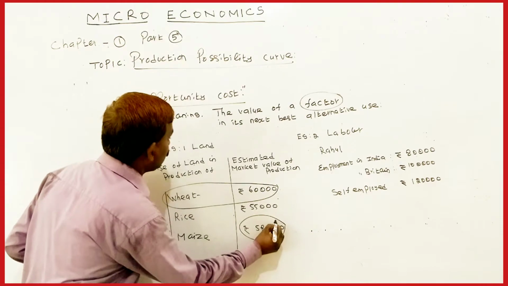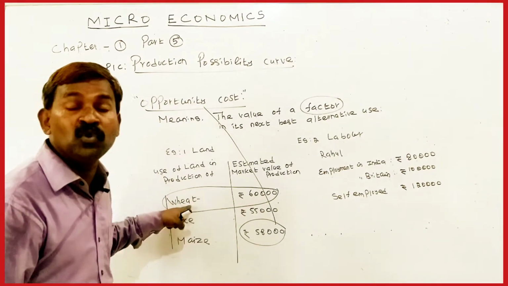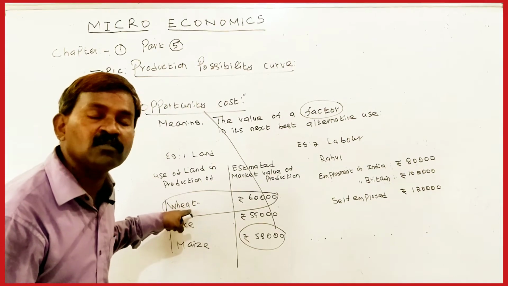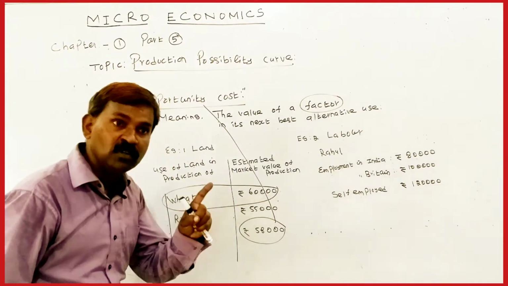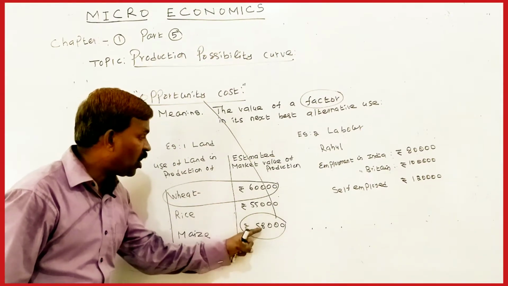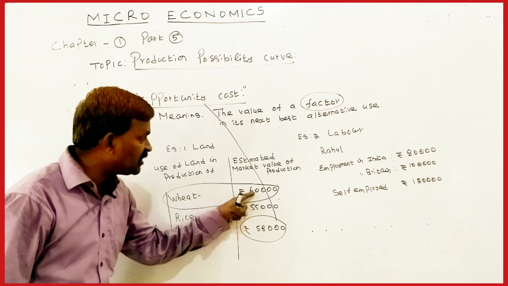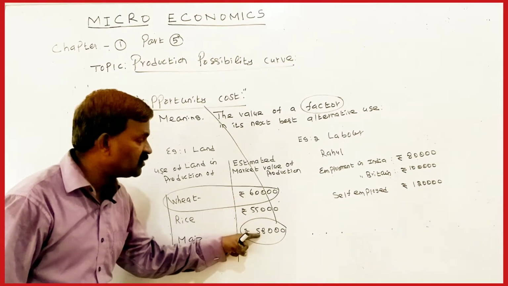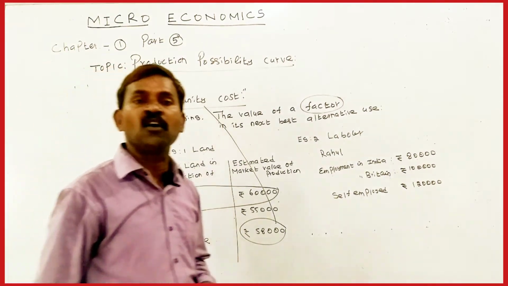So 58,000 is the opportunity cost of use of land for production of wheat, because next to 60,000 the value of land is 58,000. So 58,000 is the opportunity cost.